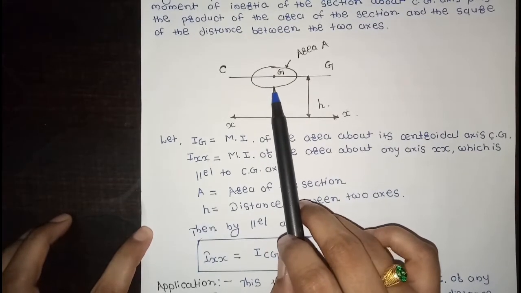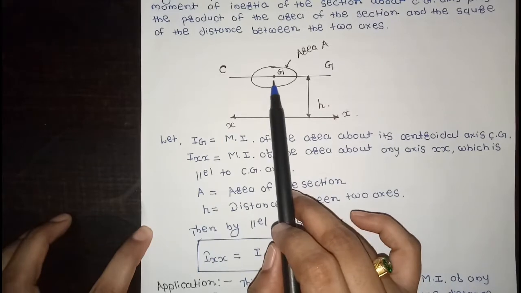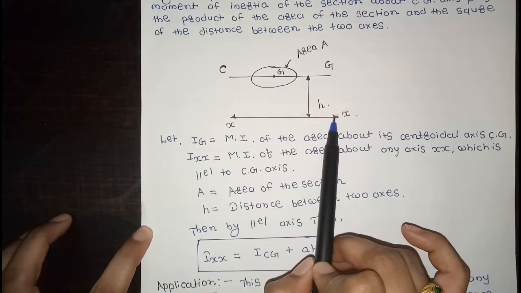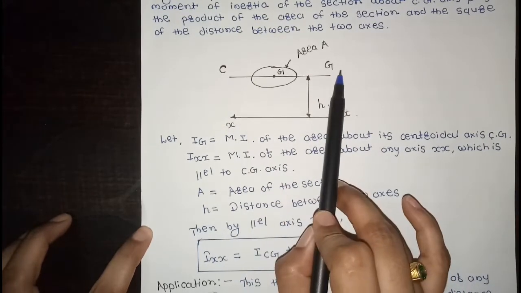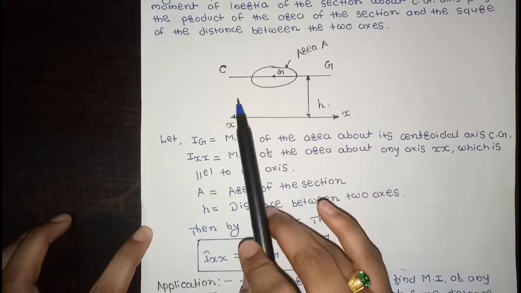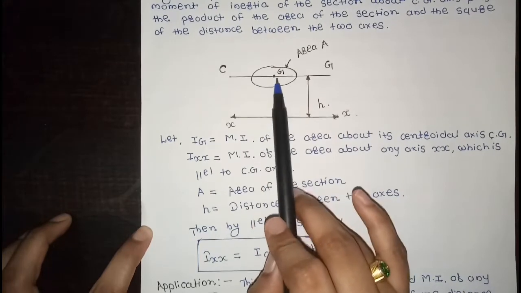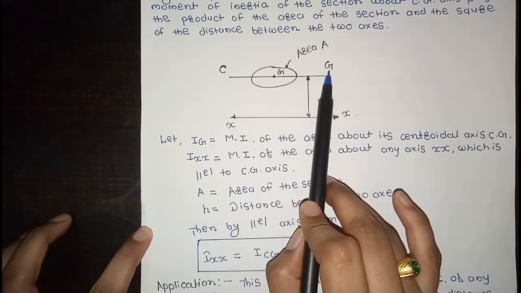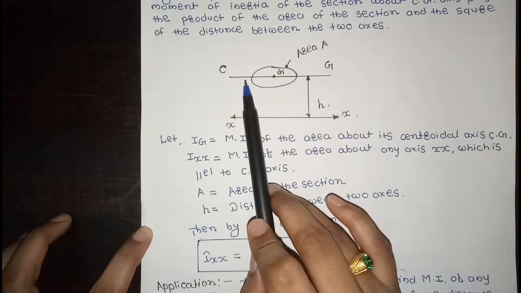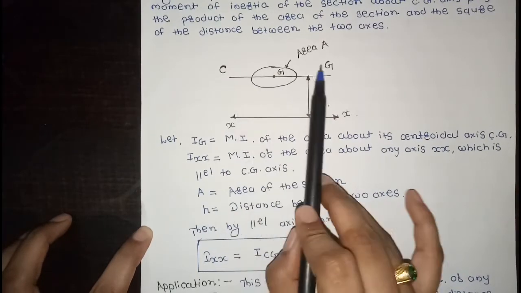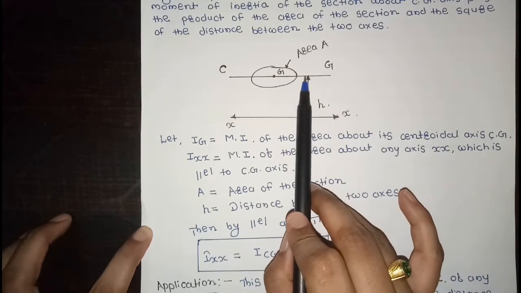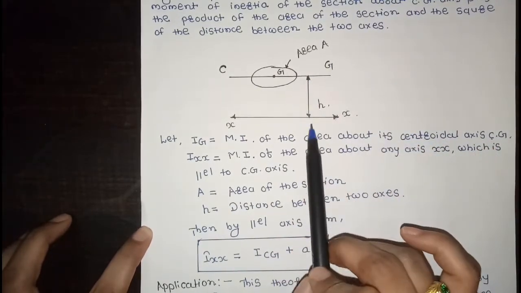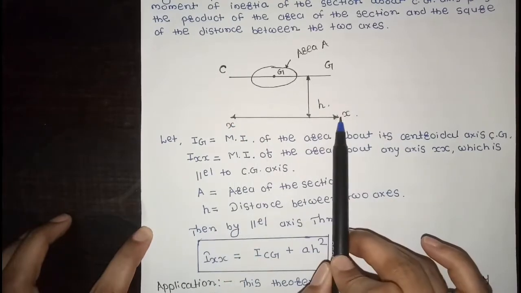The parallel axis theorem states that the moment of inertia of a plane section about any axis parallel to the centroidal axis, CG meaning centroidal axis, is equal to the moment of inertia of the section about CG plus the product of the area of the section and the square of the distance between two parallel axes.